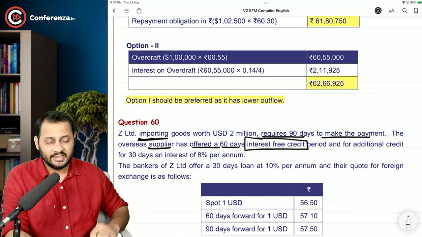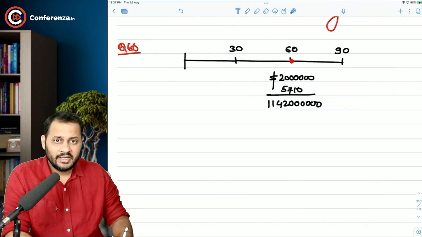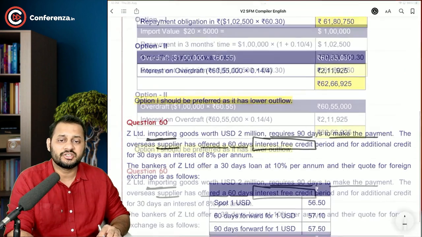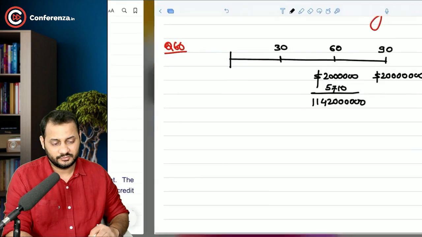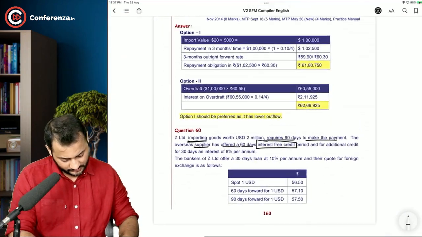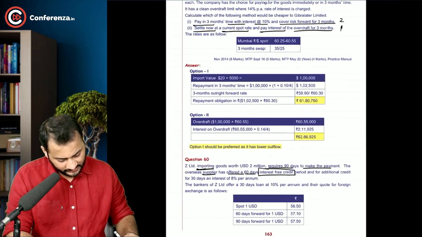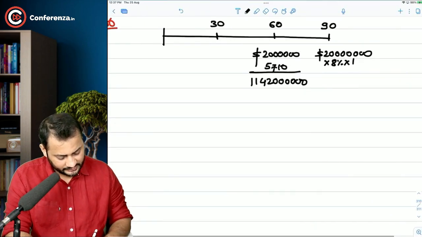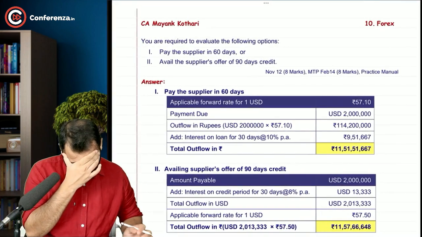So Z Limited is saying that if you pay at the end of 60 days, this is what you have to pay. But if you choose to get an additional credit of 30 days, you can make the payment of $20 million here, but you will have to pay interest of 8% per annum. Let me see if the question is asking for 365 days or 360 days. Nothing is mentioned, so I will take 360 days, though 365 days can also be taken.